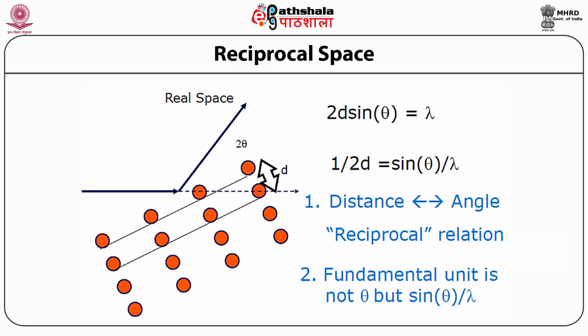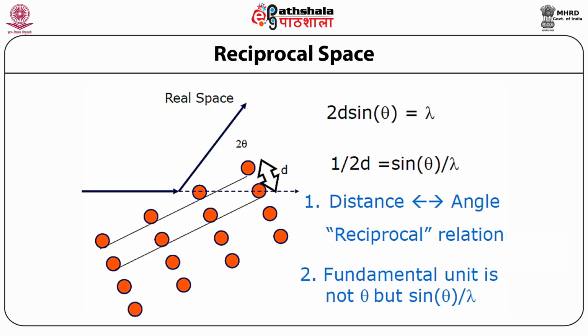So theta will appear depending on the value of d. The diffraction peak will appear at a theta for a given value of d. Since you have different values of d in a crystal, you will have different values of theta, so you have different peaks.